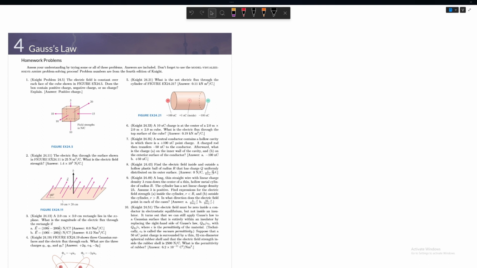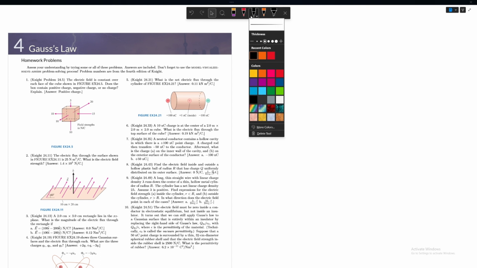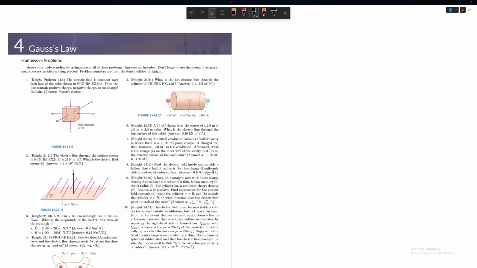Alright, and as always, I will never leave you guys without doing a bunch of problems to prove that what we did is right. And so here is the Gauss's law homework for the unit. Question number 1: the electric field is constant over each face of the cube.